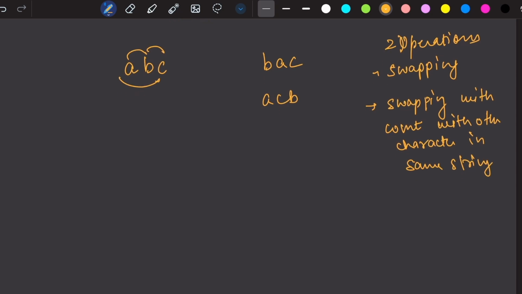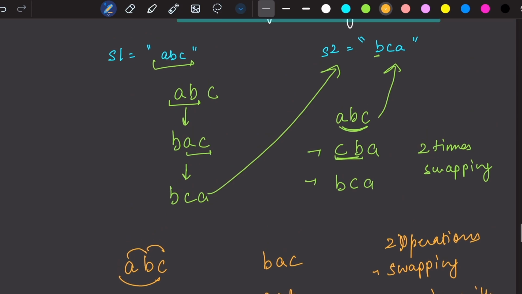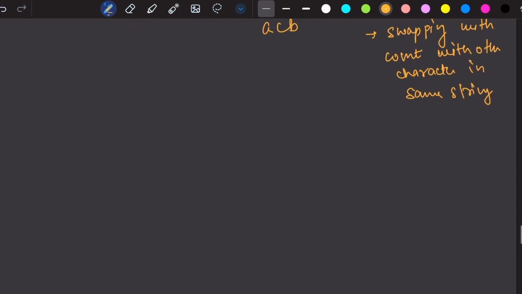Now the basic idea of how we should approach these types of questions. The basic thing is the observation that we need to do. If we observe carefully A B C and BCA, we can observe that the count of A is 1 time, B is 1 time, C is 1 time.